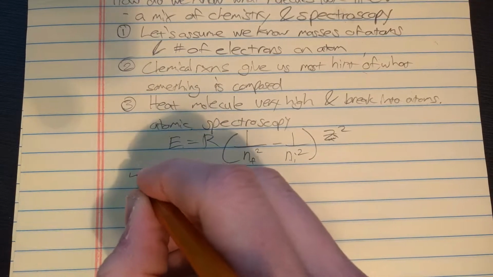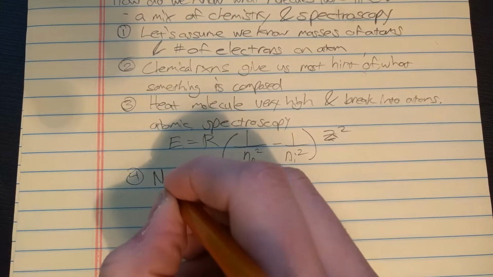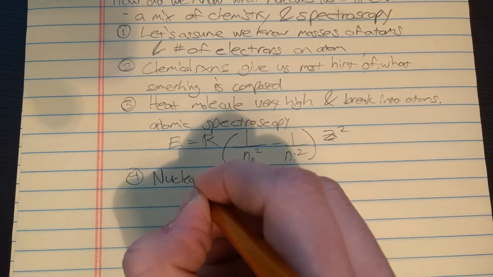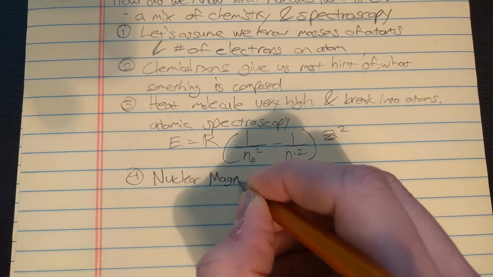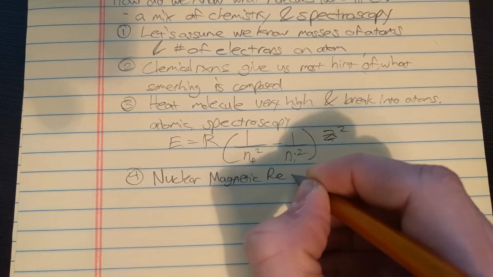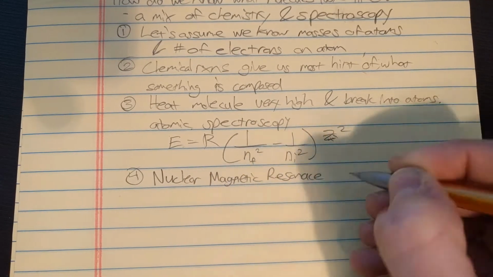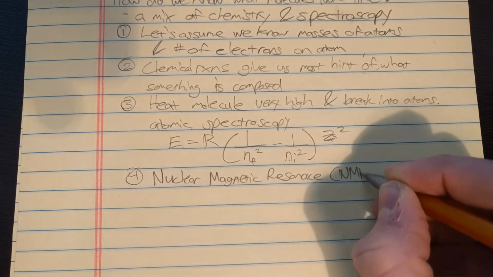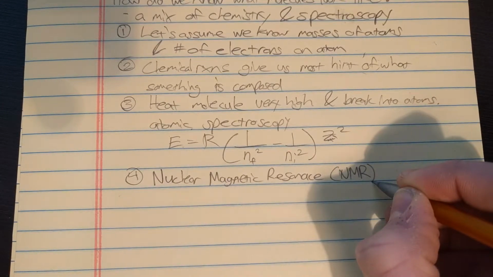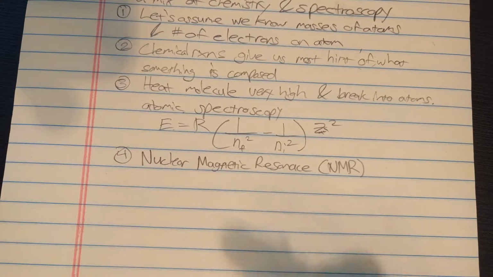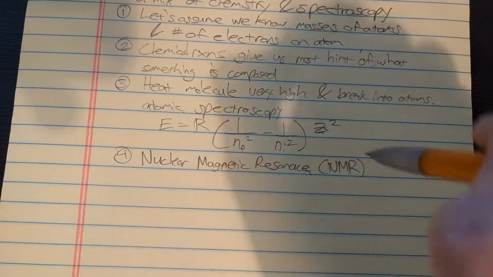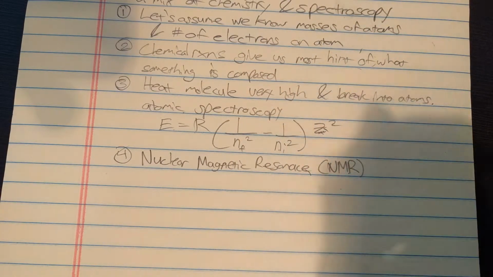Other spectroscopy is really useful. One is called nuclear magnetic resonance spectroscopy, or NMR. This works by a principle similar to what they use on MRIs in hospitals.